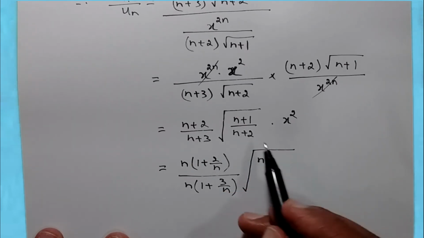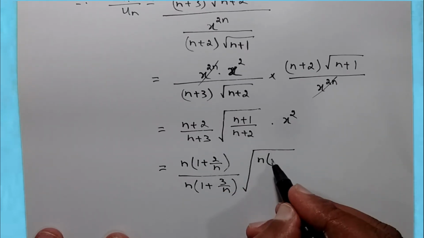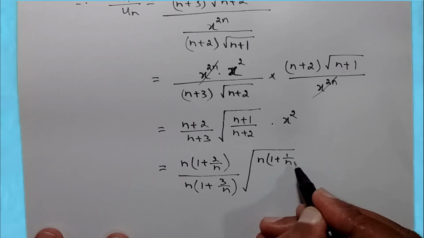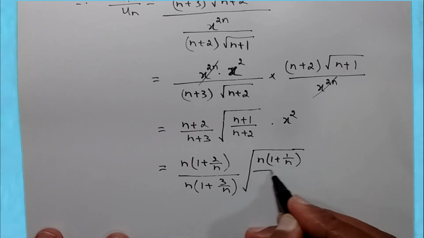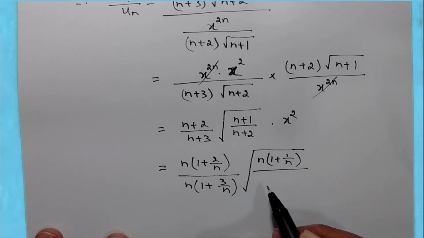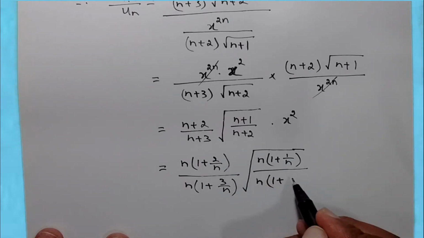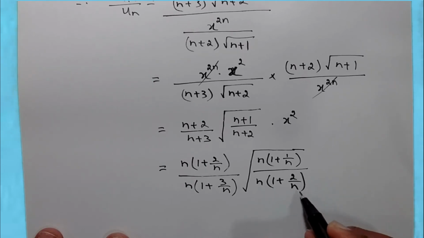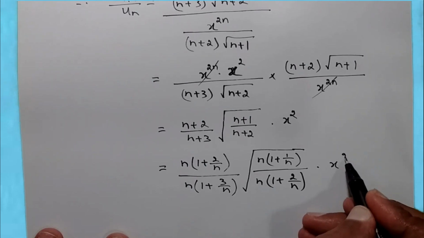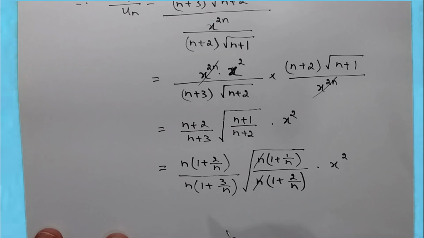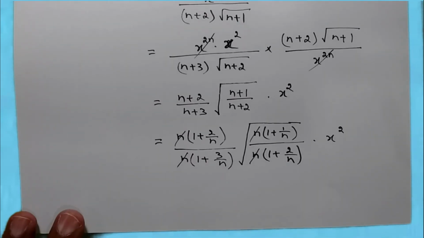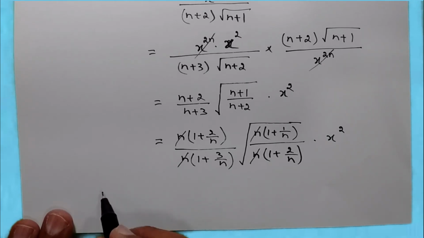From the numerator, if I take n common, what will be left out? 1 plus 1 by n whole divided by the denominator, also taking n common. What will be left out here? 1 plus 2 by n, into this x square as it is. So this n and n will get cancelled. Now you can apply the limit on both the sides.